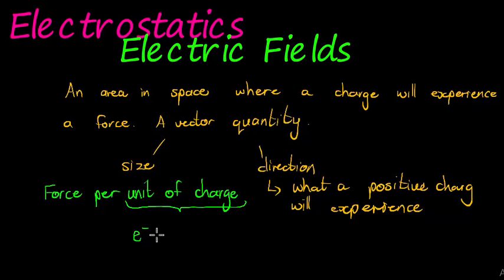Now the charge of an electron is given by Q. Even though we're looking at a unit as an electron, we are going to look at a positive charge. So we're not going to look at Q as Q equal to 1.602 times 10 to the power of negative 19. If we talk about an electron, we will use negative. And even though we're talking about a unit charge, we're going to consider what will happen to a positive charge.